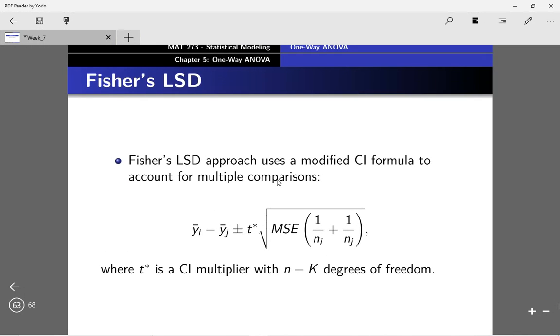So Fisher's LSD uses a modified confidence interval to account for these multiple comparisons. Specifically, for the ith group, there's a sample mean response, and for the jth group, there's a sample mean response.